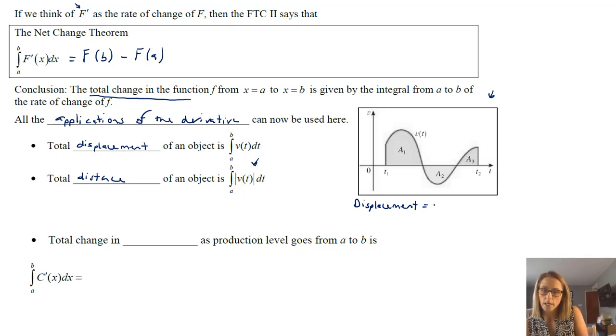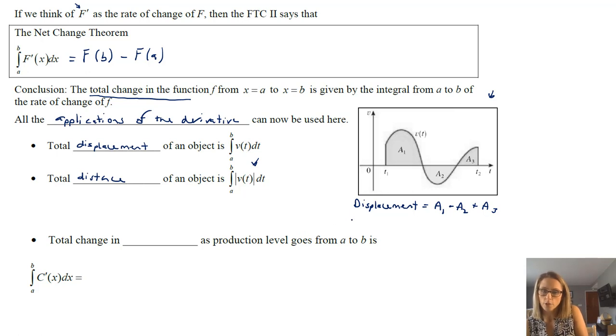If you just take that integral, you're going to get A1, it's going to subtract A2 because A2 is going to be negative, and then you're going to get an addition of A3. That's what the integration is going to do.